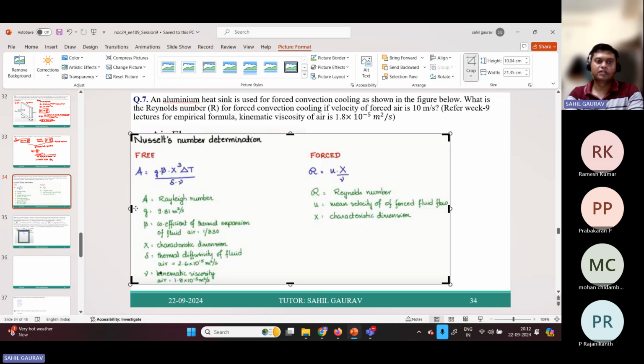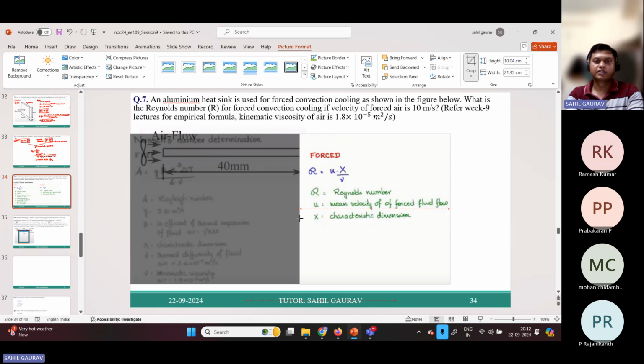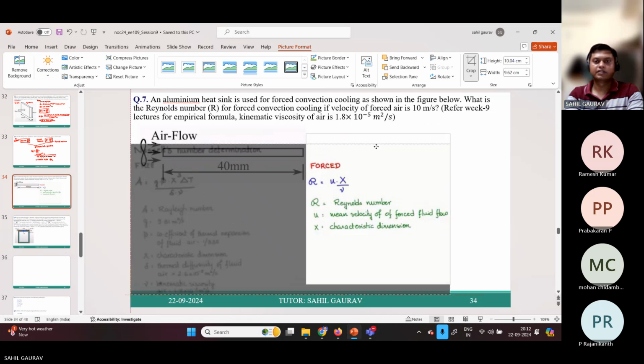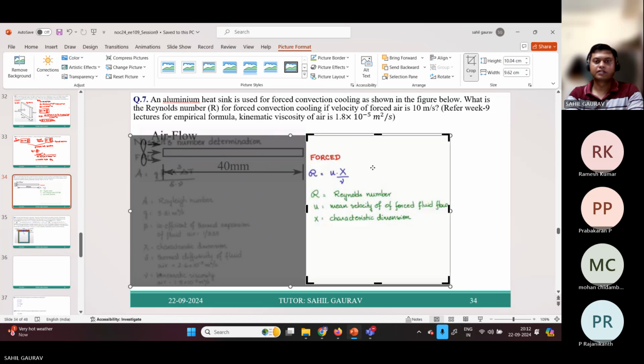All of you just use this convection expression and get the answer.